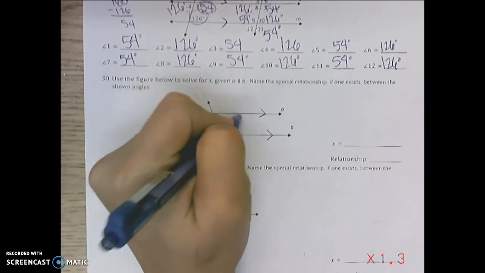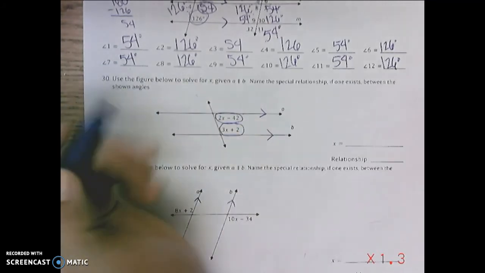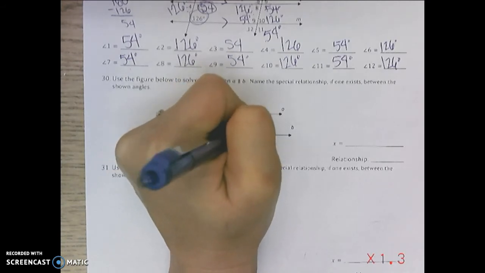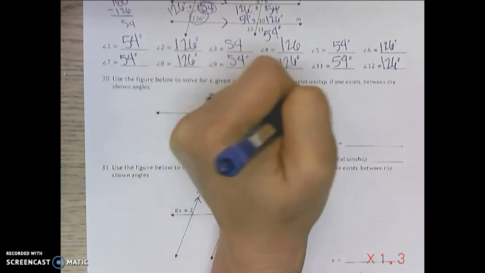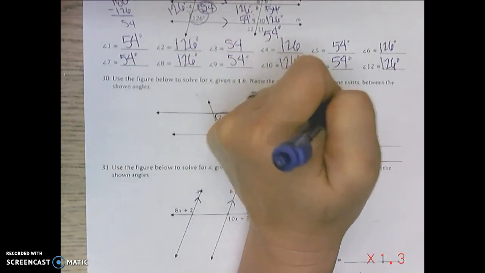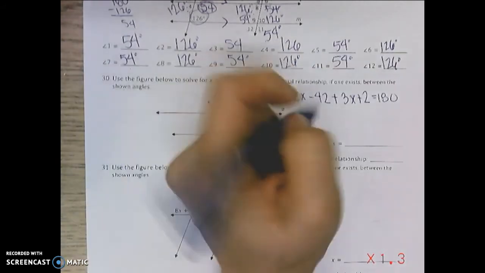Well, these two angles are same side interior, and hopefully you remember that they add to 180. So I would take 2x minus 42, add it to 3x plus 2, and it would equal 180 degrees.